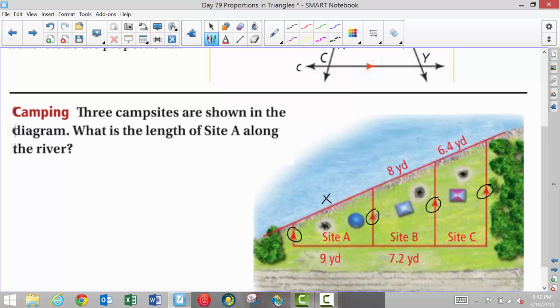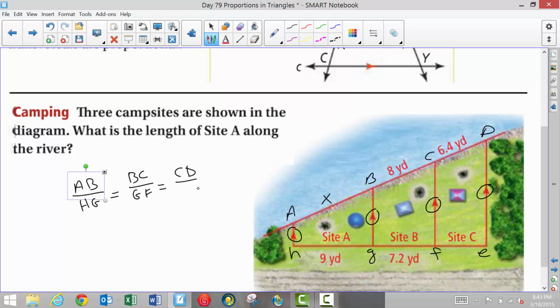So I'm going to label this X. So I'm going to have A, B, C, D, E, F, G, H. So my proportions, I know that AB over HG is going to be the same as BC over GF, and I know that CD will have over FE.